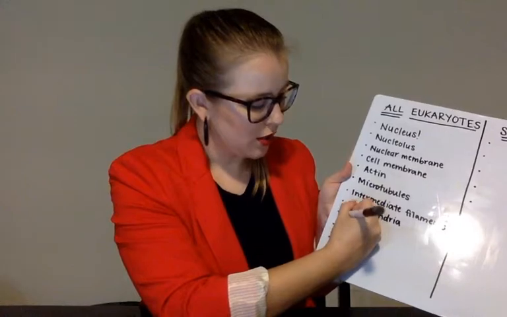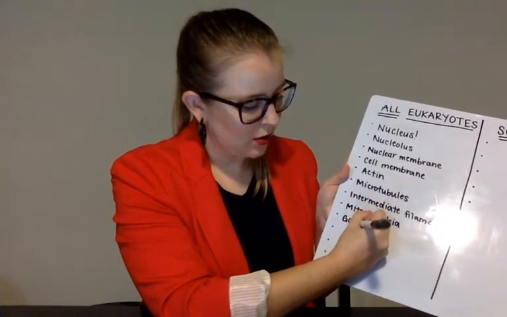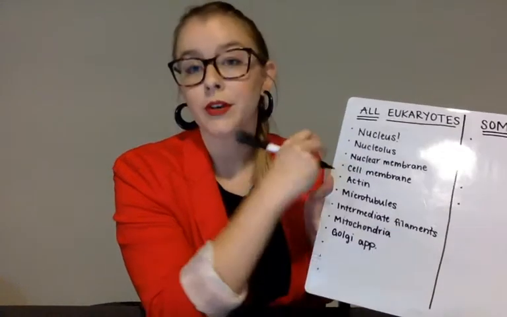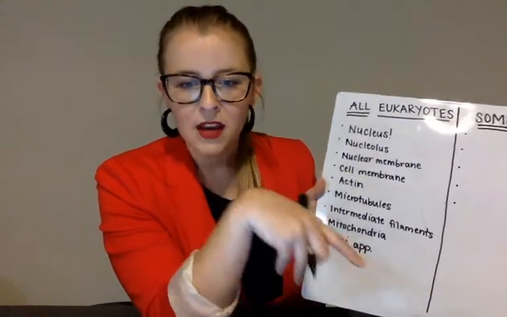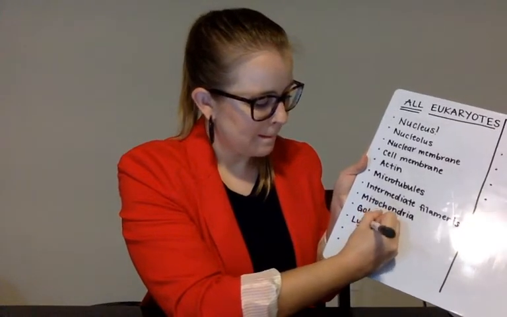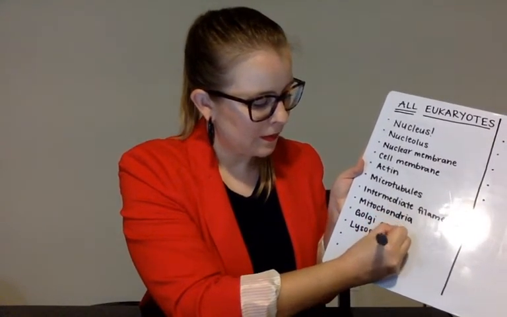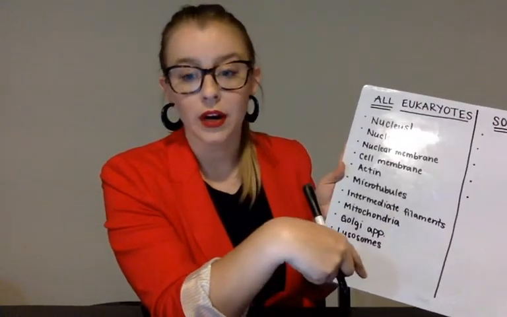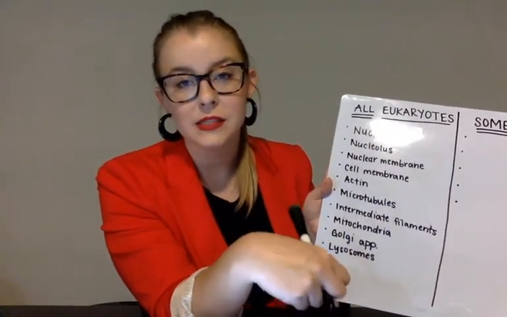And a few more. So Golgi, the Golgi apparatus. You've probably heard of the Golgi before as well. Lysosomes. All right, and then we have a few more. That's going to be the endoplasmic reticulum.